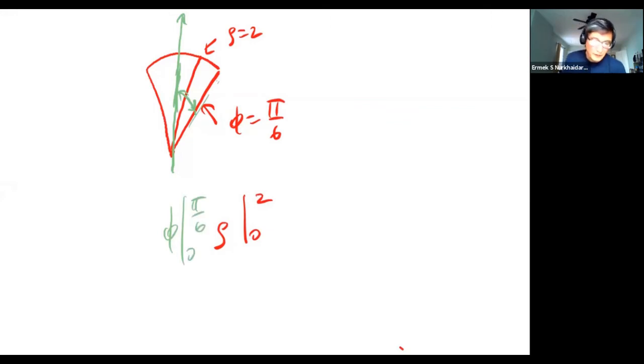And theta, because we can do the whole rotation, is between 0 and 2 pi.